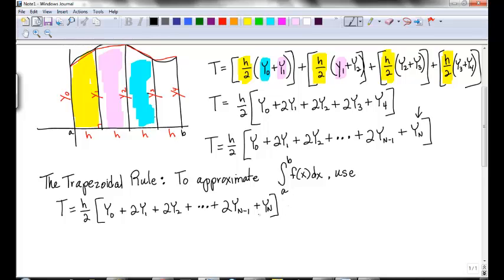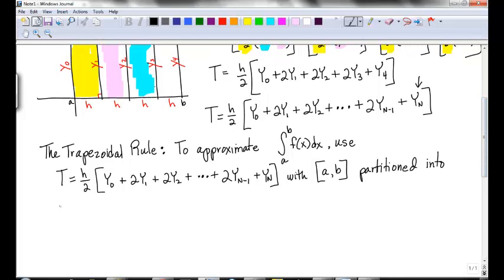So the trapezoidal rule is to approximate the definite integral. Use this trapezoidal rule with the closed interval a b. Remember, those are both vertical lines, partitioned. That means it's divided into, partitioned into, and they will tell you how many subintervals, in subintervals of length h.